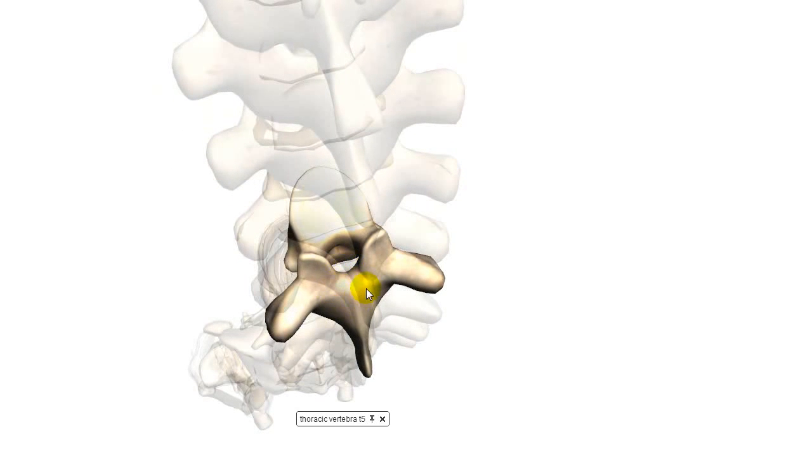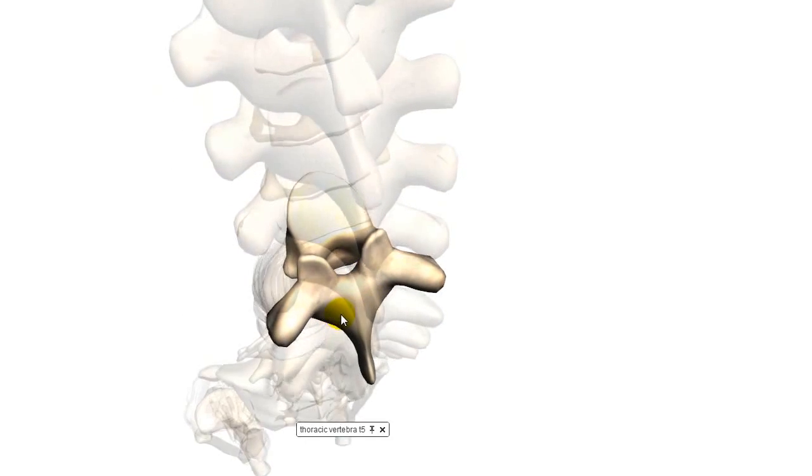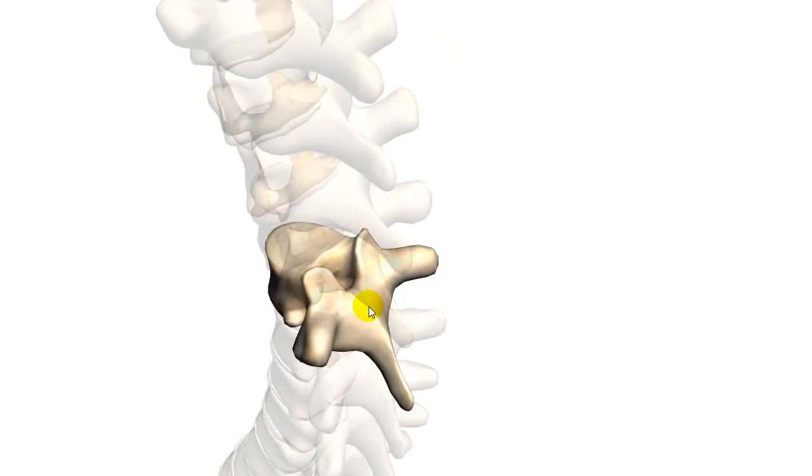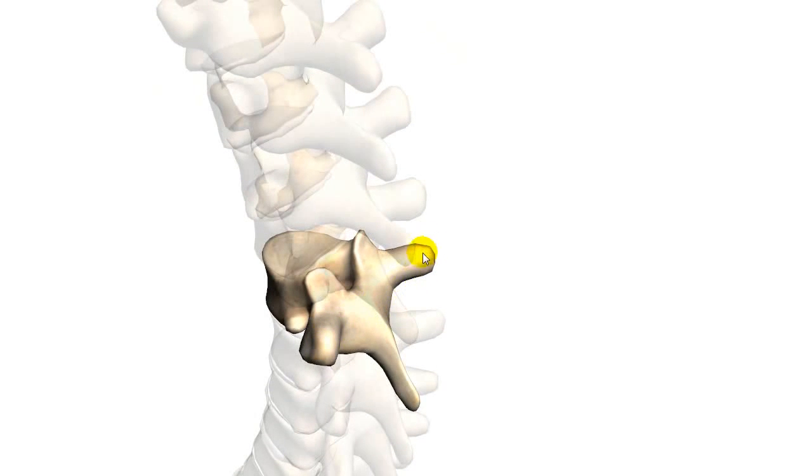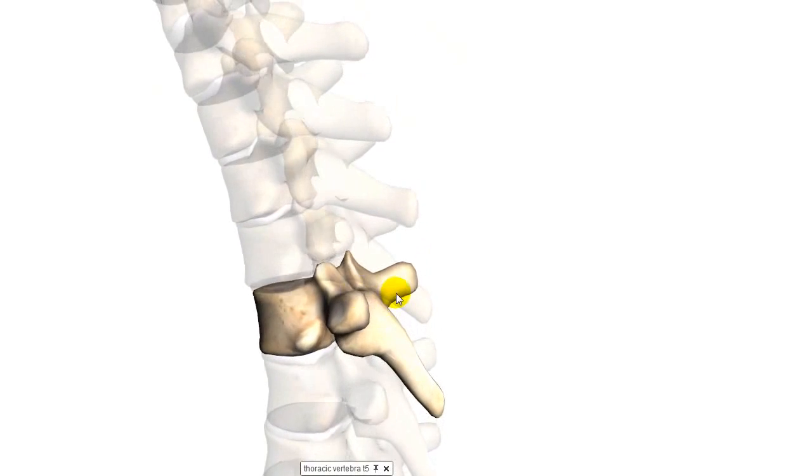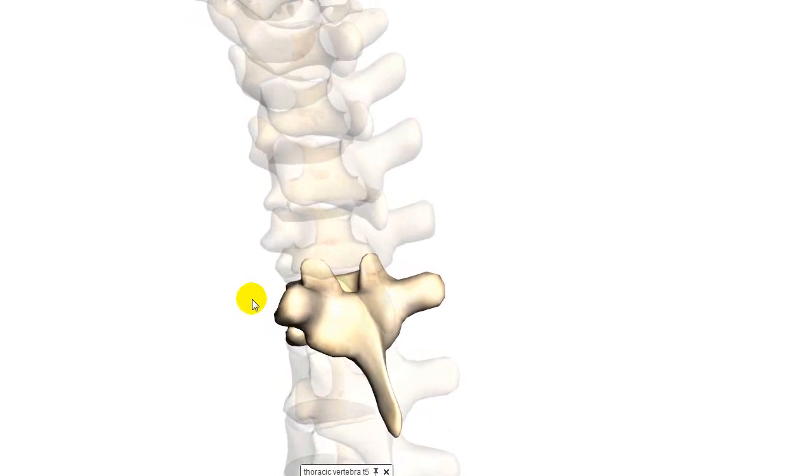and the lamina. Then attached to the neural arch you have the transverse processes, and then you've got the superior articular processes and the inferior articular processes, and you have those on both sides, so there and there.